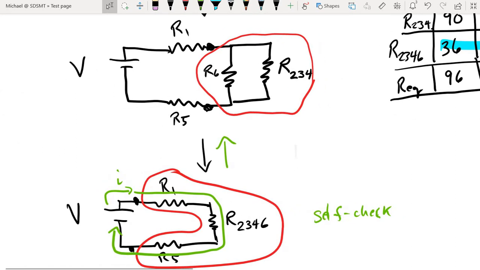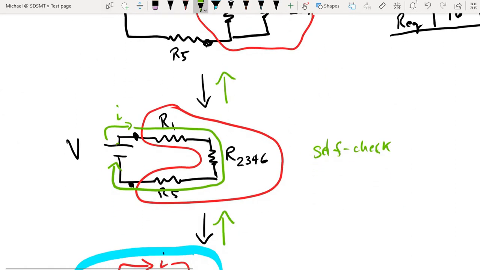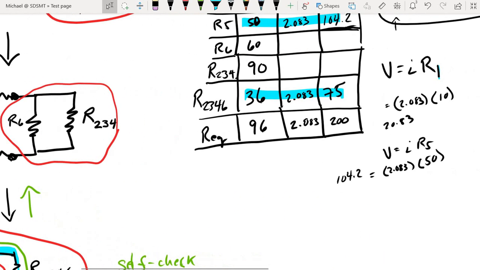Remember what the potential across the battery is. It's 200 volts. And when I go from one terminal of the battery to the other, I have to account for 200 volts. Meaning, as I travel through the circuit, I can add up the potential values of each resistor, and if I get 200, then I know I'm on the right track. So here we go.